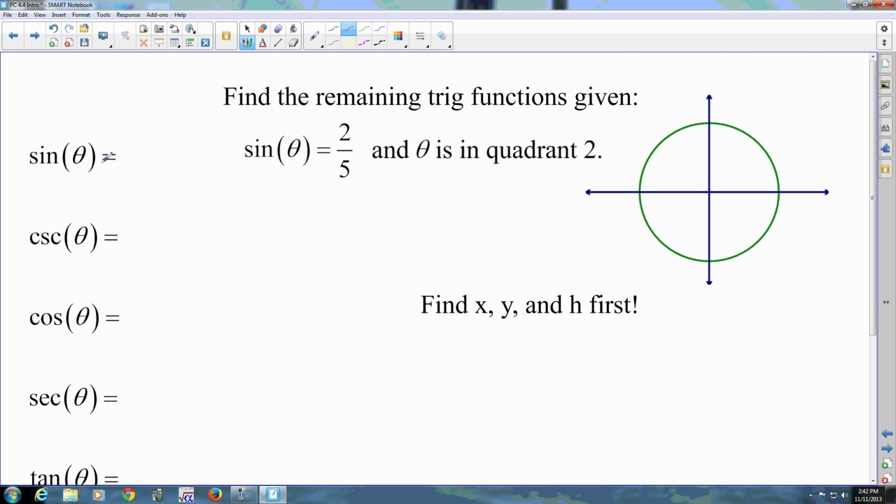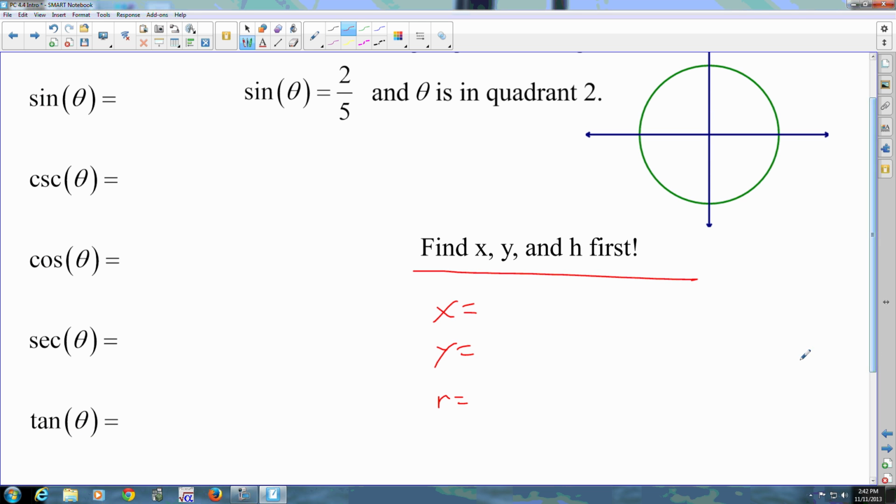So find the remaining trig functions given this, and you're in quadrant 2. I expressed in the very first slide, the thing you guys should do is find your x, your y, and your radius, or your r, whichever one you want to call it. When you're not on the unit circle, sine is your y value over your hypotenuse, or your y value over your radius.